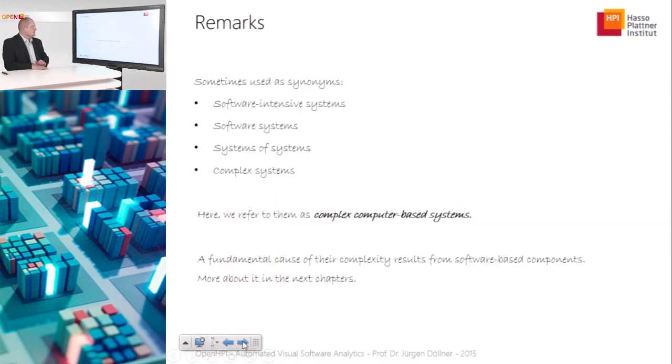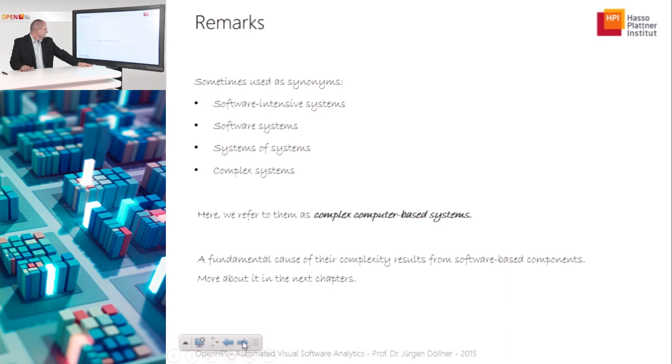Let me come to the final remarks, the informal part. We sometimes have synonyms. You will find them. It's called software-intensive systems or software systems, even systems of systems, or just complex systems. We refer to all these different variants as complex computer-based systems.